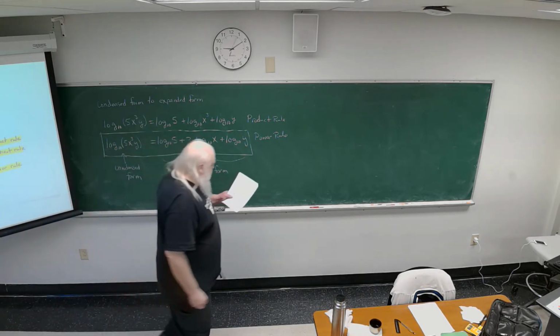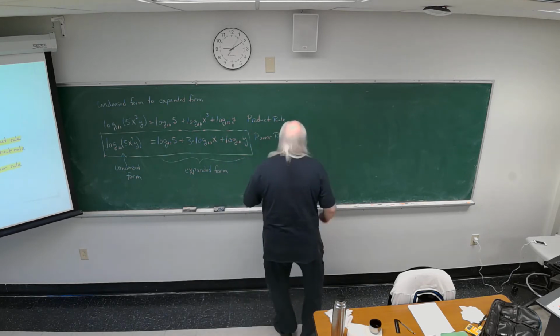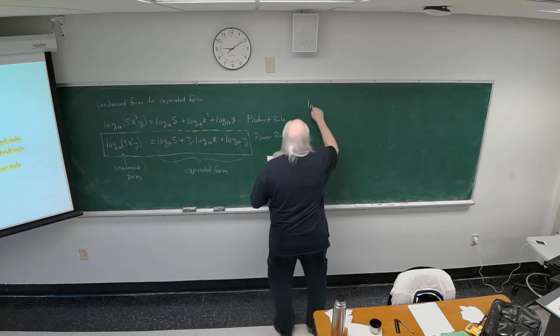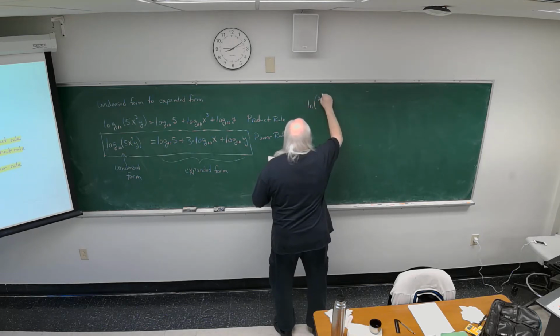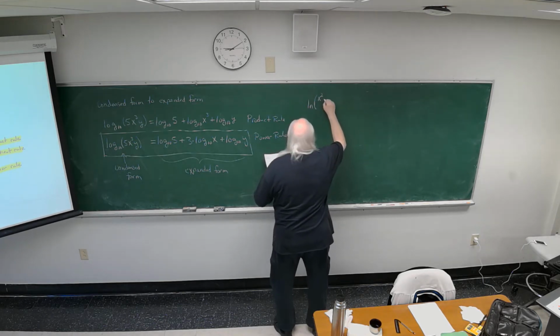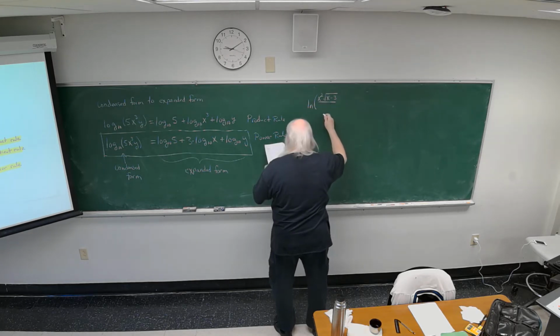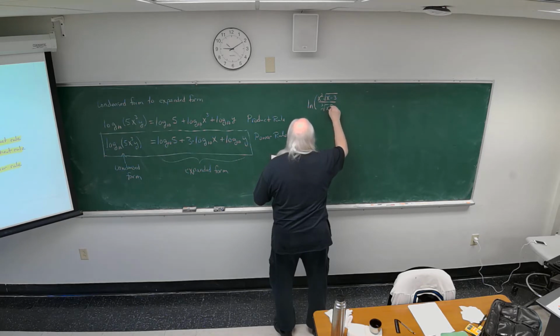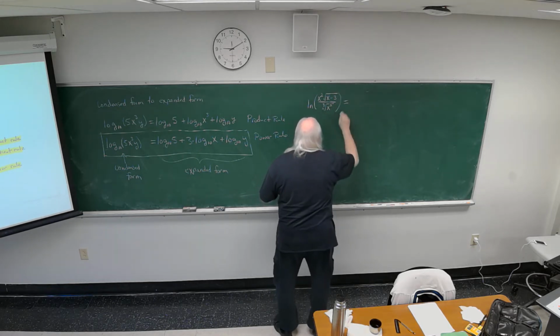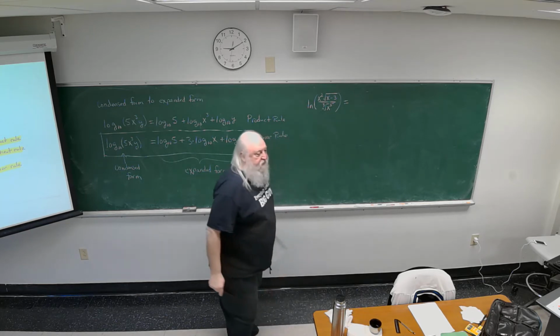All right, in the next example, we have the natural log of x squared times the square root of x minus 3 over the cube root of x squared. We've got to expand that as much as possible.